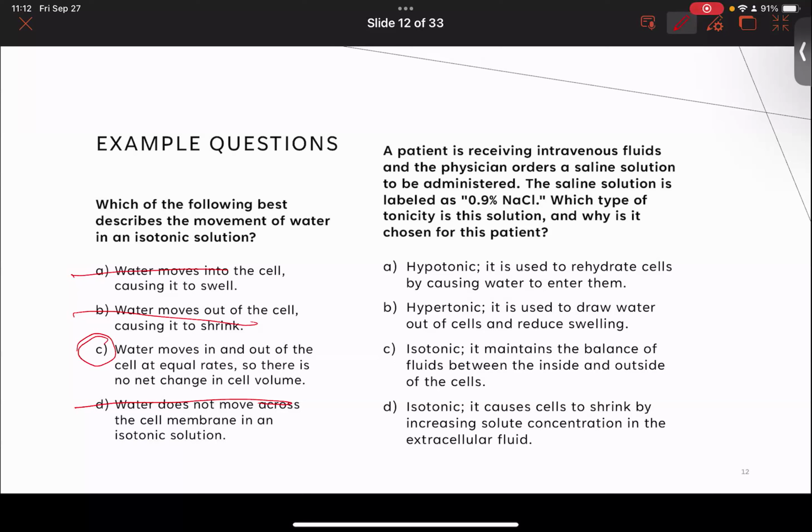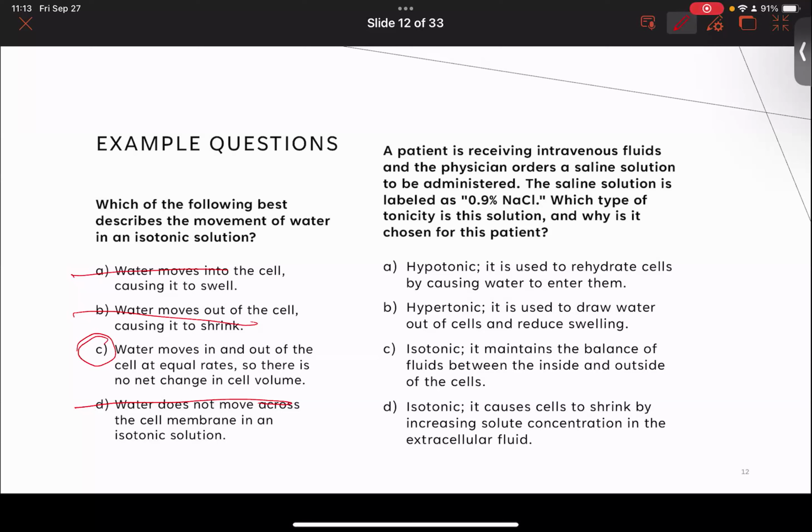So we'll go through this. A gives us the choice of hypotonic. If this solution was hypotonic, would it be used to rehydrate the cells by causing water to enter them? It could be used to rehydrate the cells to help water enter them, but that's not the right answer. And I'll tell you why when we get to the right answer.